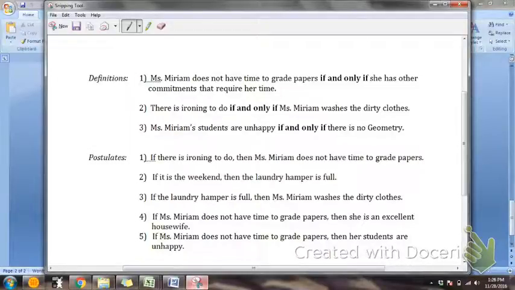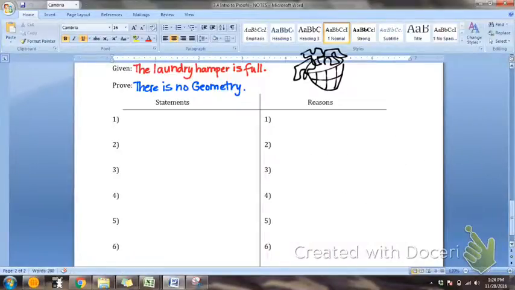Okay, so we said that the given thing is that the laundry hamper is full. So let's look back at the laundry hamper being full. Remember, I saw someone draw that already. That is statement number 1, right? And so we need to go ahead and write the laundry hamper is full.